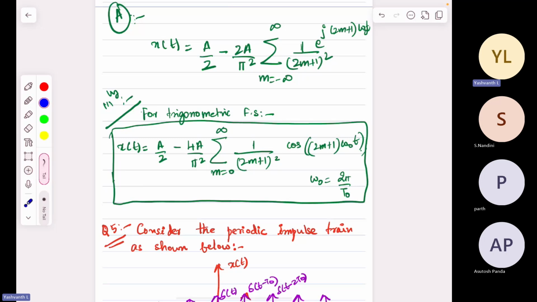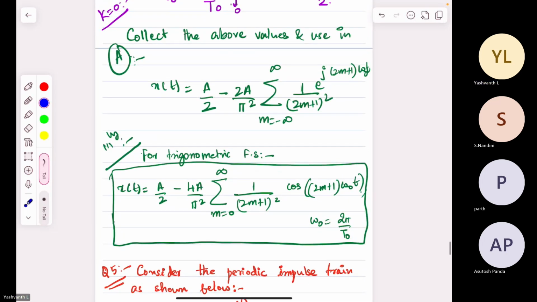Was the trick clear? Any doubts? Are there any doubts? You can unmute and answer. Or which part is not clear?